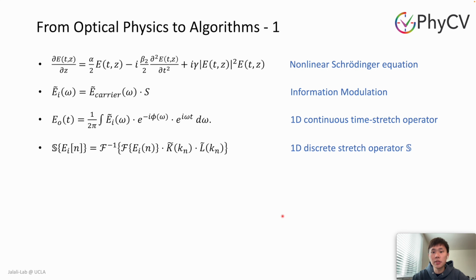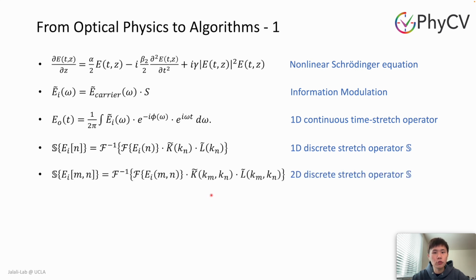Instead of using continuous variables t and omega, we use discrete variable n and the corresponding frequency k_n. The 1D discrete stretch operator can be written as the input signal spectrum multiplied by some general phase kernel K and amplitude kernel L.